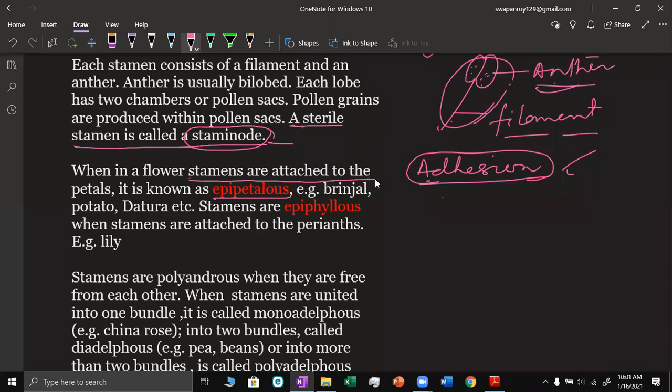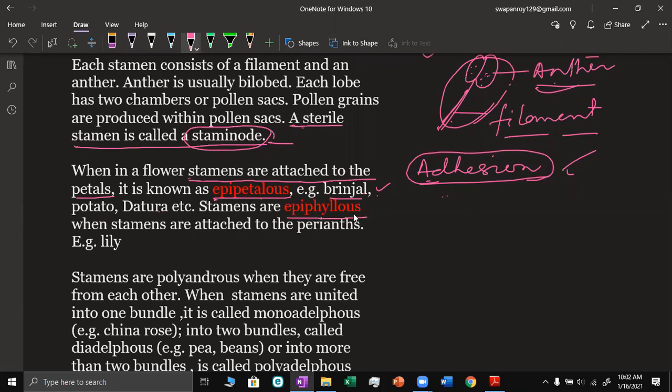Stamens are attached to the petals by their filament, with this portion. This is epipetalous, and it is found in Solanaceae, like brinjal, potato, datura. Sometimes it is called epiphyllous; actually epipetalous and epiphyllous are the same thing.